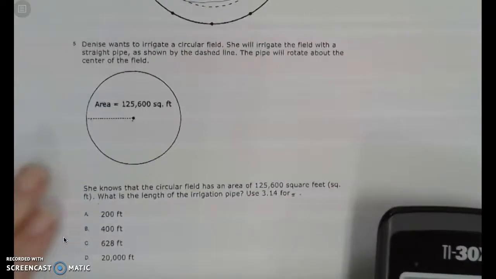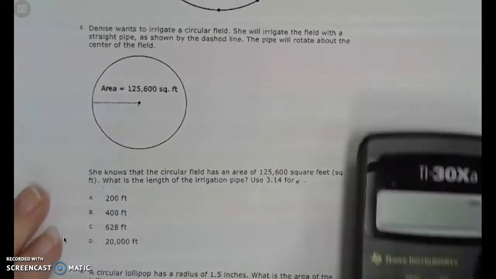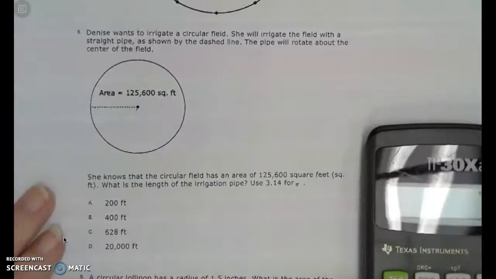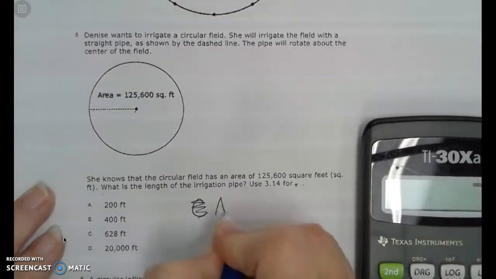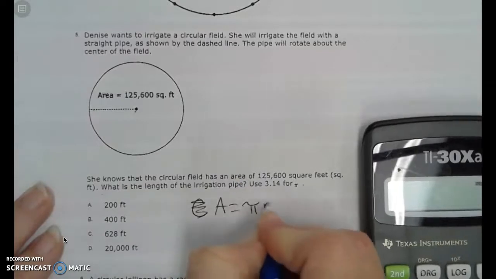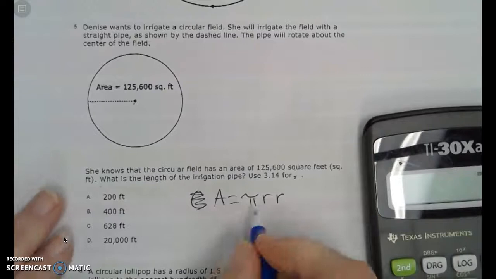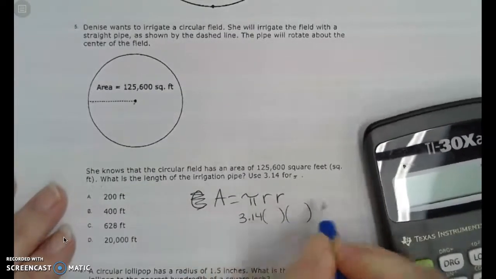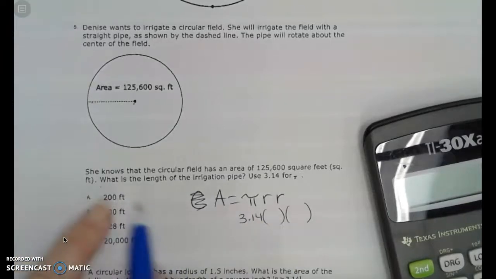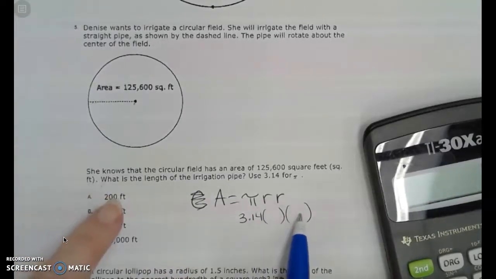Well, this is one of those problems where we're going to have to work it backwards, because we haven't covered in class how to do square roots yet. But we do know that the formula for, not circumference, but area equals pi times r times r. So what I could do is I could take 3.14 and I could try the first one, times 200 times 200.